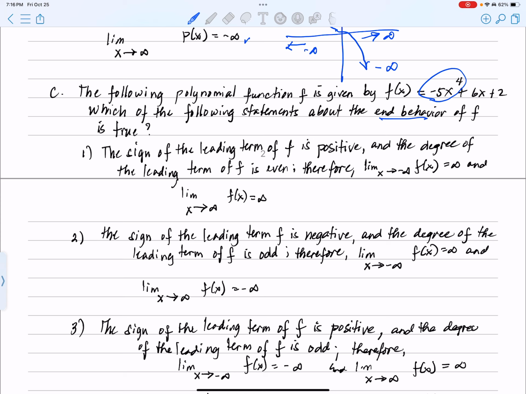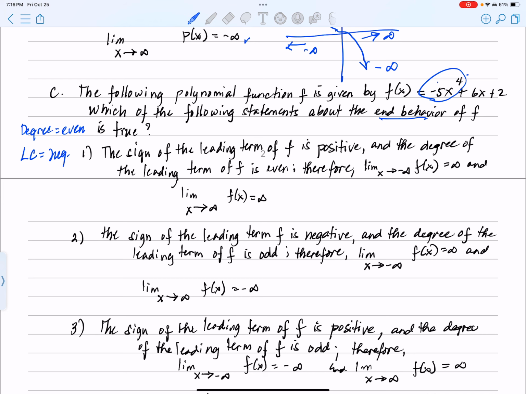So the degree is 4. Okay, that means the degree is even. And then the leading coefficient is negative. See that there, even and negative.